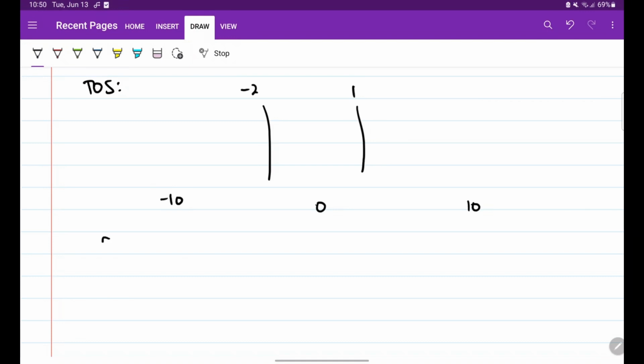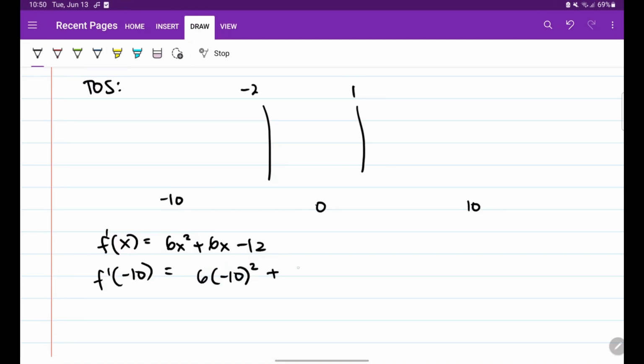No? So f prime of x is again 6x squared plus 6x minus 12. No? So if f prime of negative 10, so this will become 6 negative 10 squared plus 6 times negative 10 minus 12. No? So this would become 600 minus 60 minus 12.